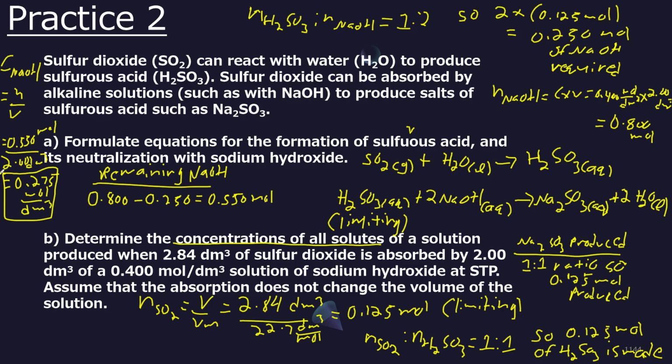And then concentration of Na2SO3 is also equal to n over V. We've got 0.125 divided by the final volume, which is the same as before, 2 decimeter cubed.